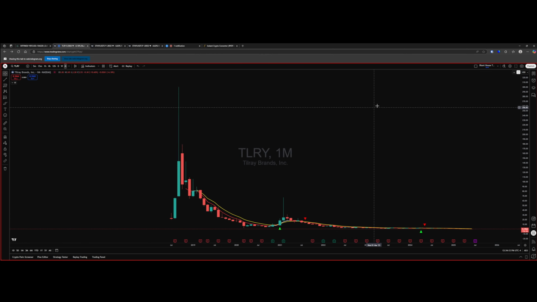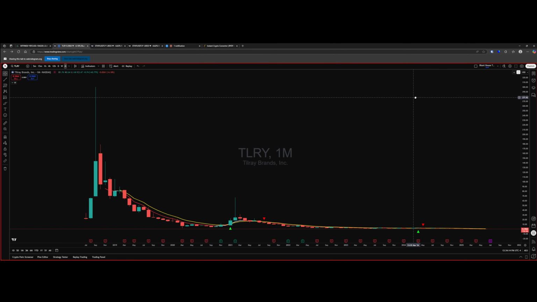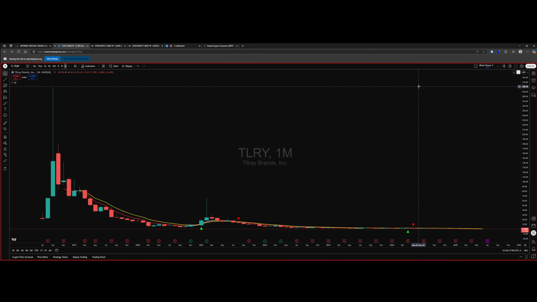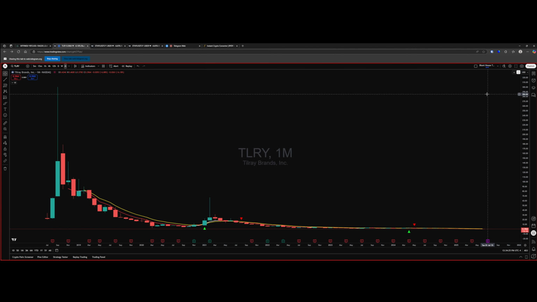How many people bought the dip? Is this an extreme example? Yes. People bought the dip on this thing for years. And they spent all their money to average themselves down to 30 or 40 cents.